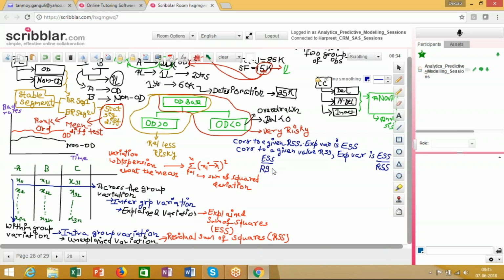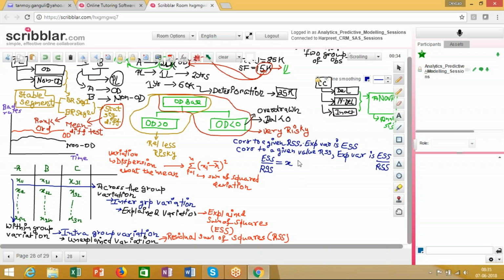ESS by RSS will be equal to some multiple.